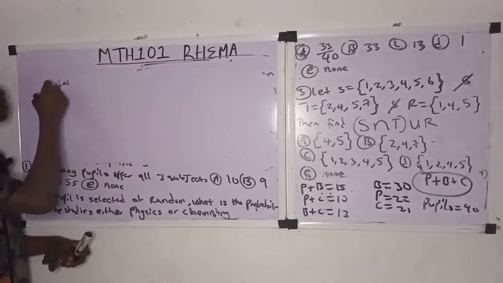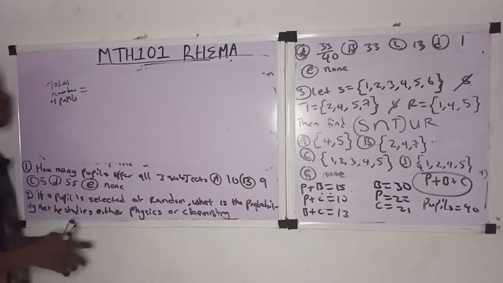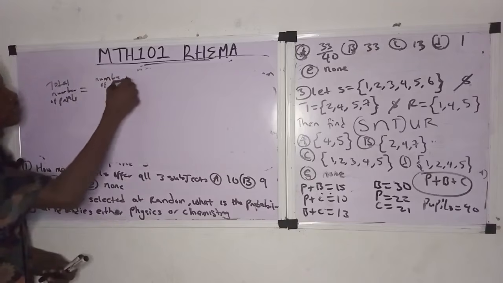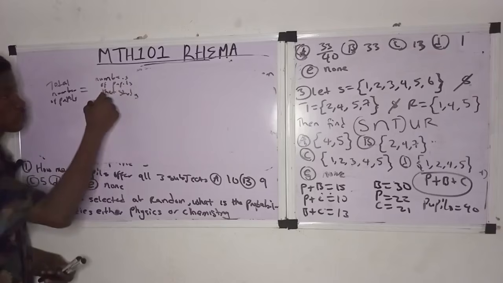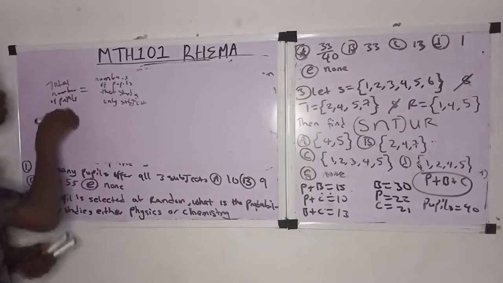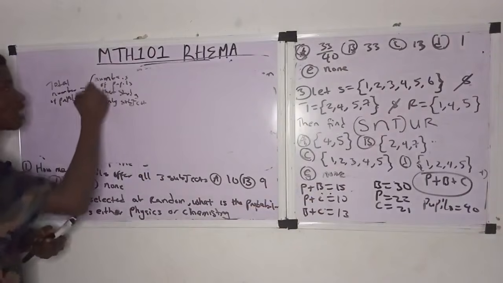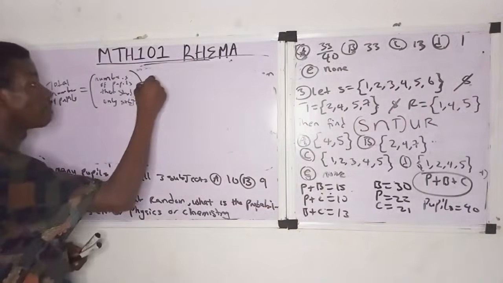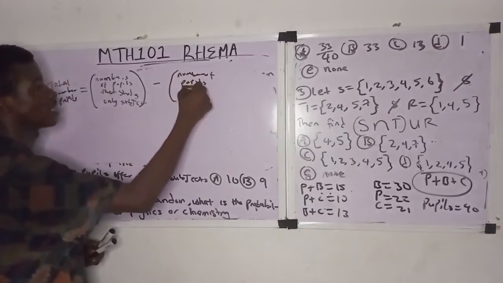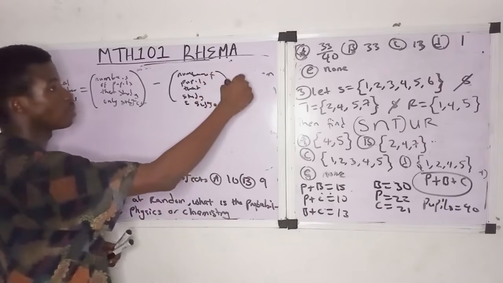The total number of pupils equals the number of pupils that study only one subject, such as biology, physics, or chemistry, minus the number of pupils that study two subjects, plus x.